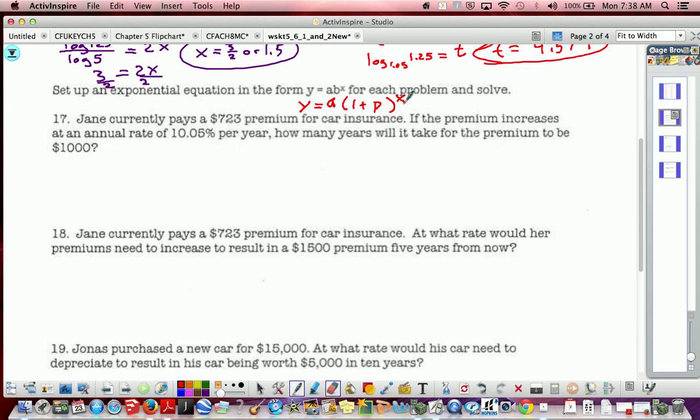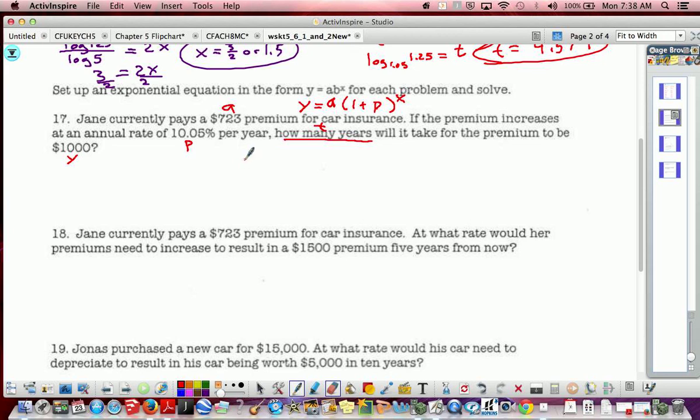So in 17 it says Jane currently pays $723 premium for car insurance. So we know that's her starting value A. If the premium increases at an annual rate of 10.05%, so that's our increase, how many years, so we're looking for T, will it take for the premium to be 1,000? So that's our Y value.